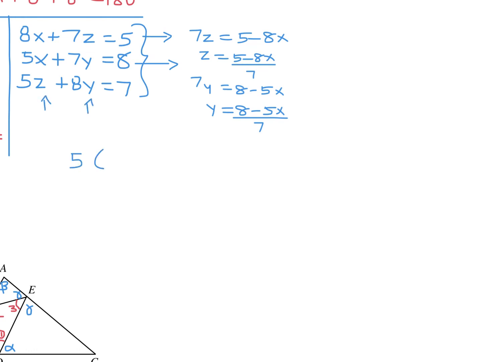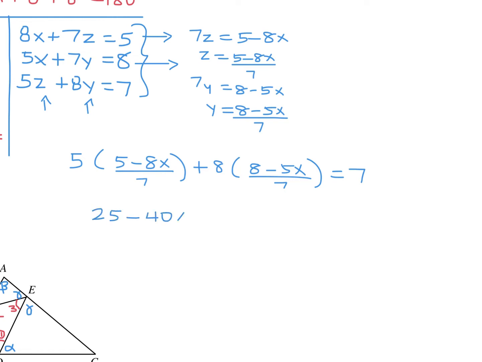So 5z is 5 minus 8x over 7 plus 8y. Y is 8 minus 5x over 7. And that all equals 7. Multiply through by 7. And we get 5 times 5, which is 25, minus 40x plus 64 minus 40x is equal to 49.